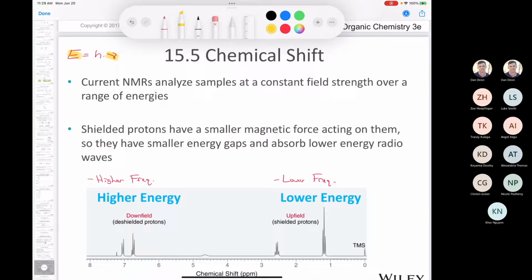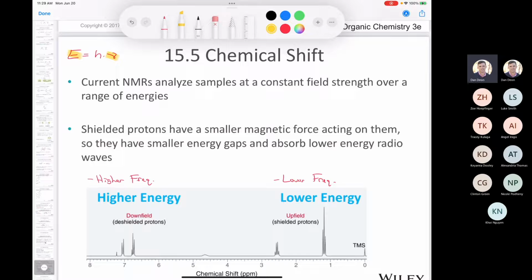Let's see here. It says here that shielded protons have a smaller magnetic force acting on them, so they have smaller energy gaps. And that makes sense, right? If we have a proton that is surrounded by a lot of electron density, which causes a magnetic field that's going to go against the externally applied magnetic field, that means there's going to be a small gap between the alpha and the beta spin states.